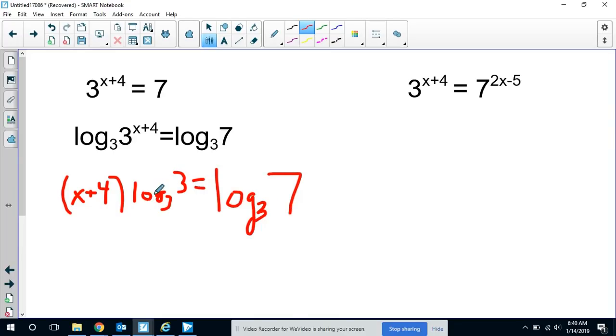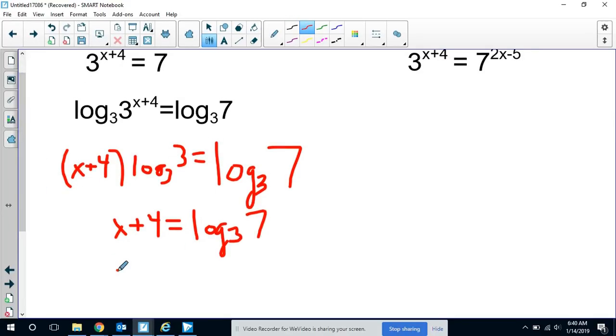Notice that log base 3 of 3 is 1, so I can say that x plus 4 equals log base 3 of 7. Then I can subtract 4 from both sides. So my answer is x equals log base 3 of 7 minus 4. So log base 3 of 7 minus 4 is our answer.